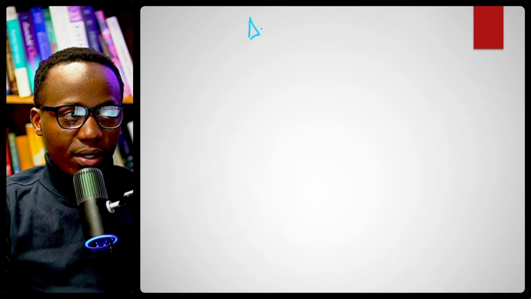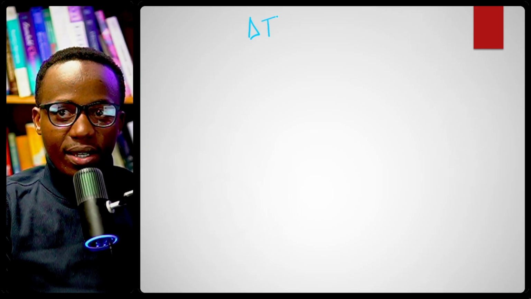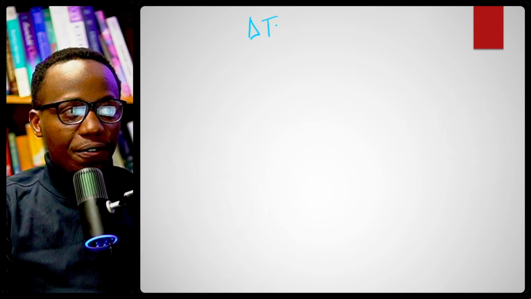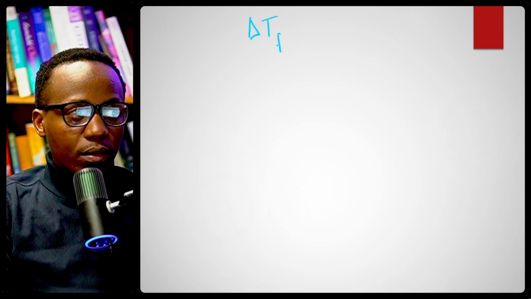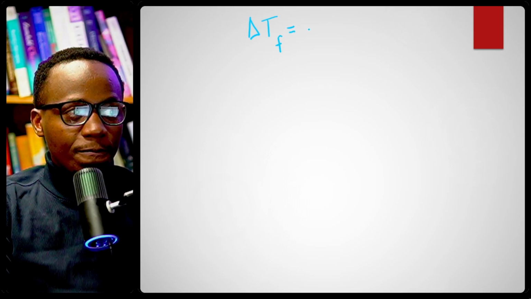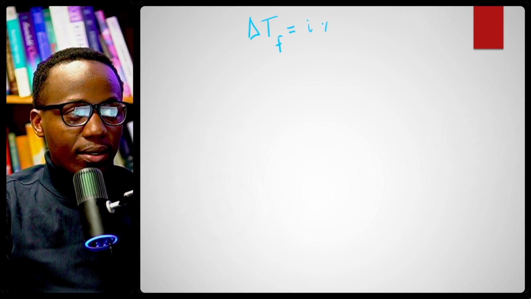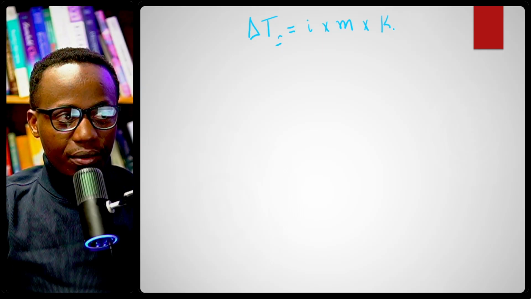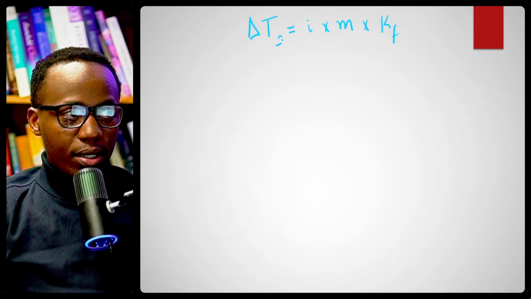Delta TF is equal to i times m times KF.